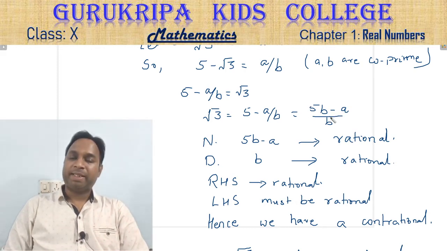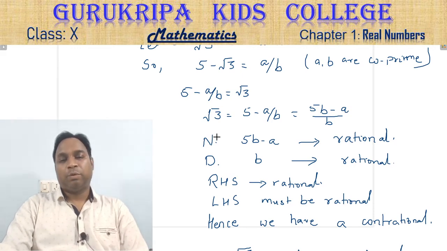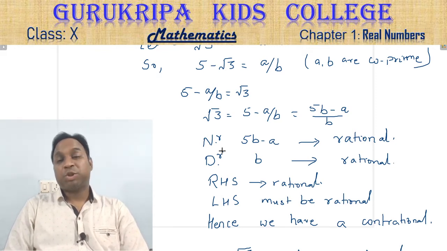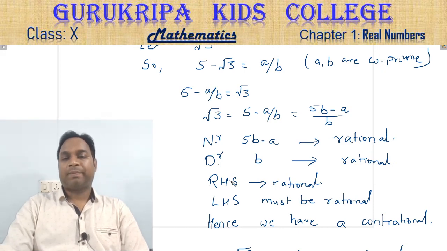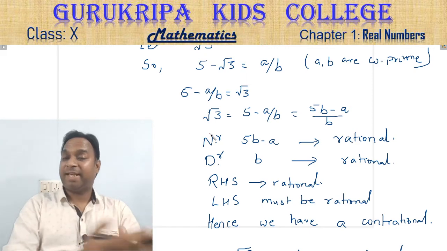Now here the numerator is rational. In fact, numerator and denominator both are integers. So RHS has to be rational now. It cannot be anything else. Now when this is rational, this also has to be rational if our assumption is true.